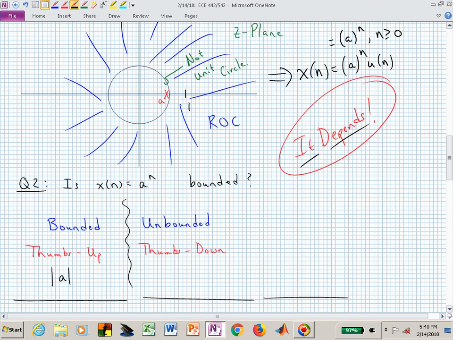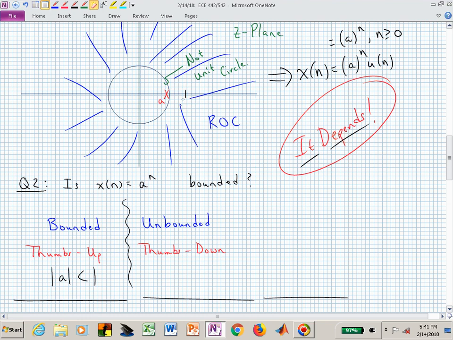What we don't know is the magnitude. If you answered thumbs up, what were you assuming the magnitude of A was? You were assuming that it was less than 1. So that gray circle wasn't the unit circle. It was the boundary of the region of convergence.